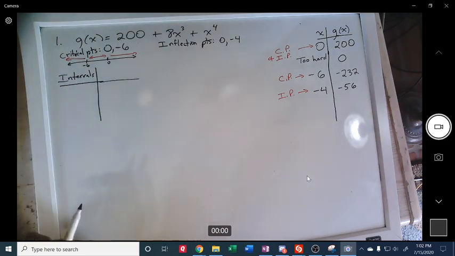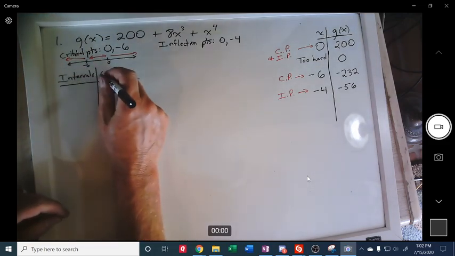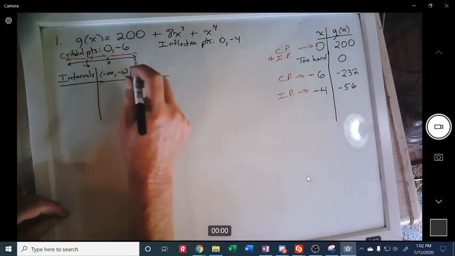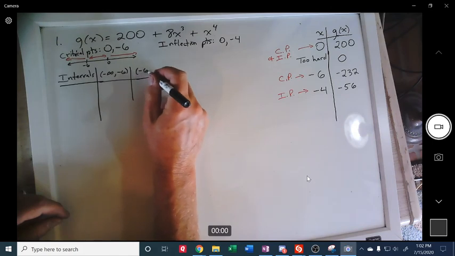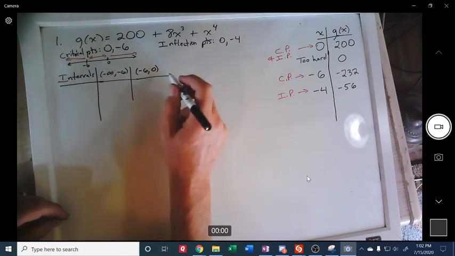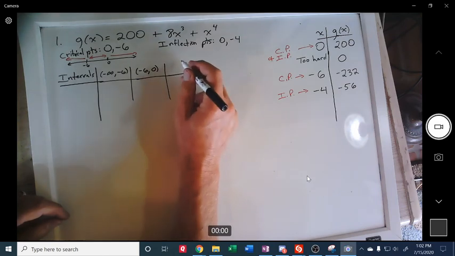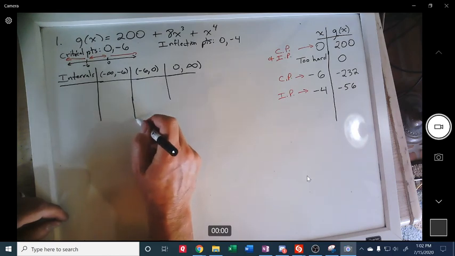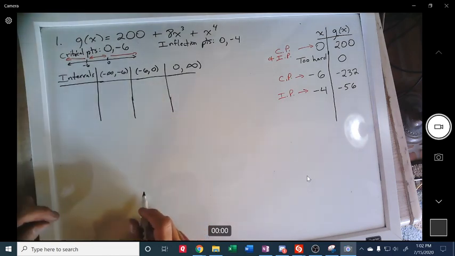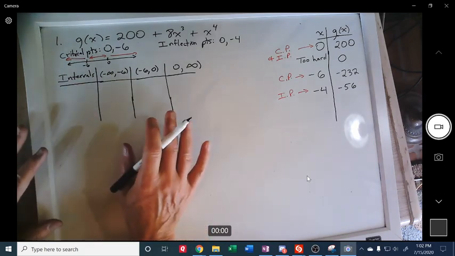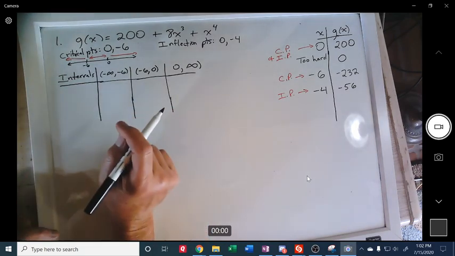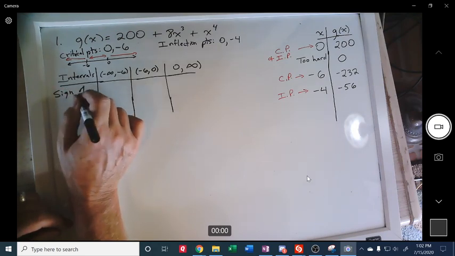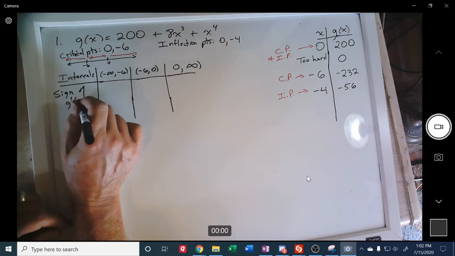So the regions are from negative infinity to negative 6, from negative 6 to 0, always open intervals, and from 0 to positive infinity. And then I'm going for intervals of increasing and decreasing. So I'm going to write the sign of g prime of x.